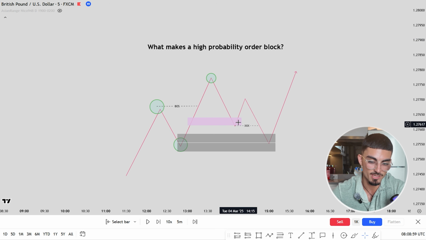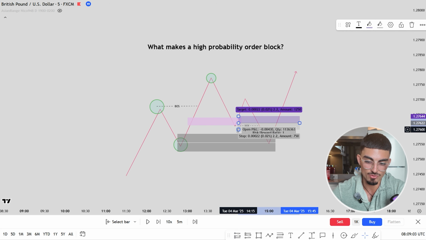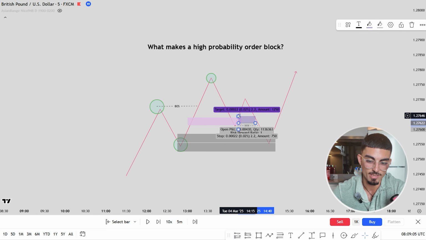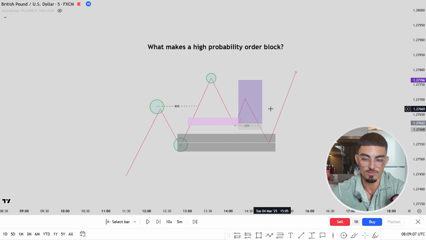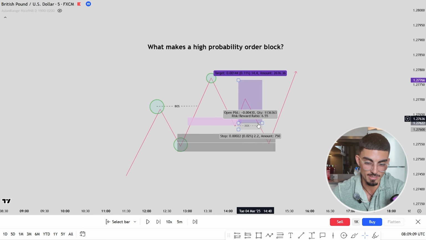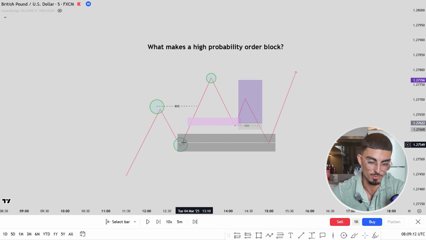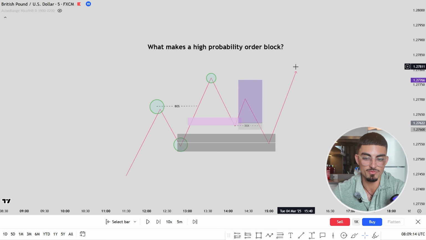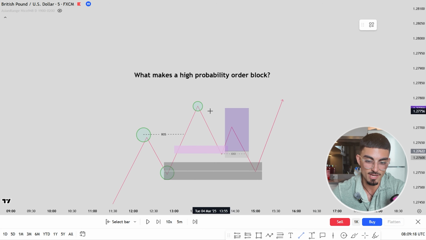And as a result, if they take a buy position here, there's now buy orders in the market. And naturally, what price is going to want to do is take these buy orders out, basically stopping them out, as you can see right here, before tapping into the order block and then causing the move to the upside to continue the trend, to continue to break past this high right here and continue to the upside.